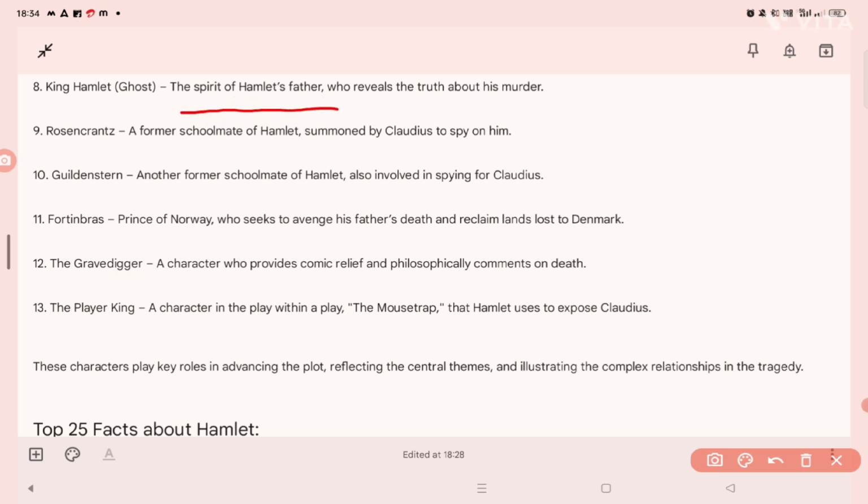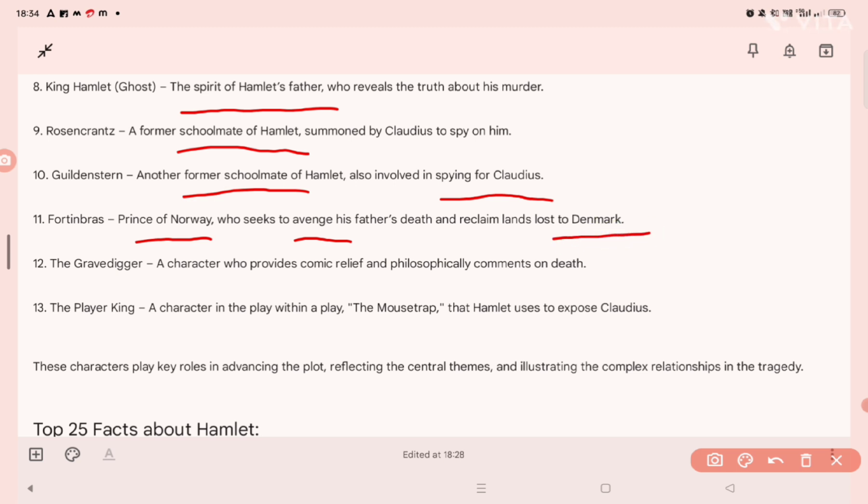Rosencrantz, schoolmate of Hamlet. Guildenstern, schoolmate of Hamlet, spy for Claudius. Fortinbras, Prince of Norway, who seeks to avenge his father's death and reclaim lands lost to Denmark.